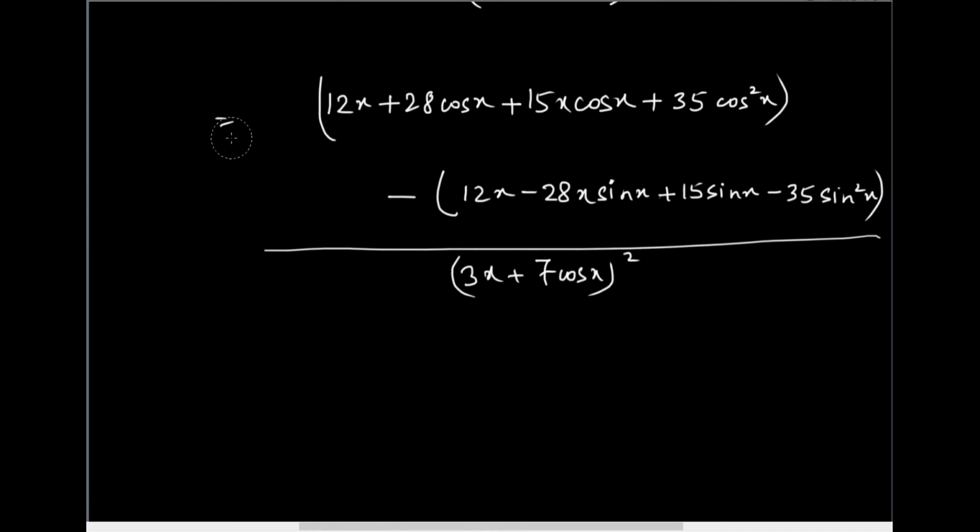Now what we can do is simply remove the brackets and see what we will get. We will have 12x, let me go to the left so that I can do it in a single line.